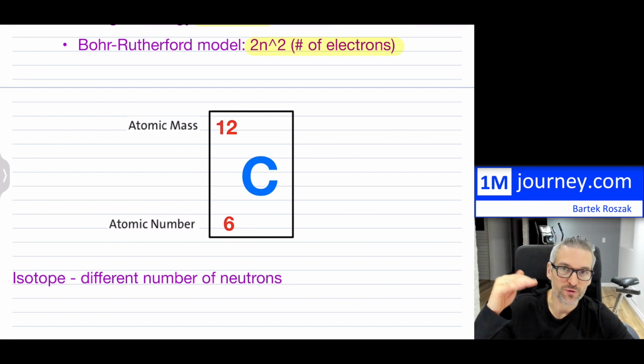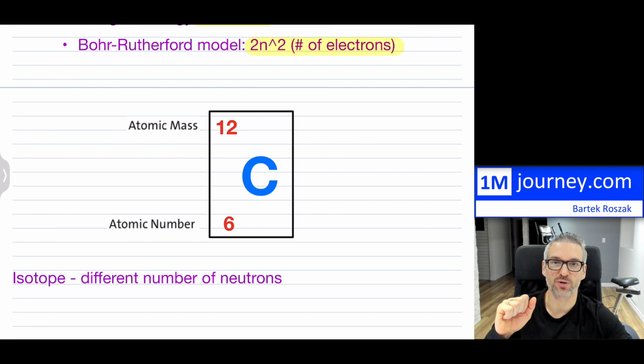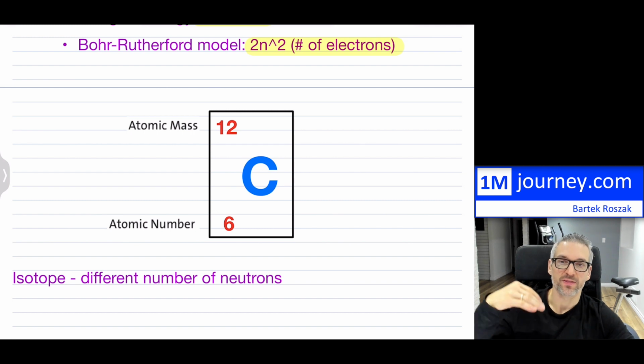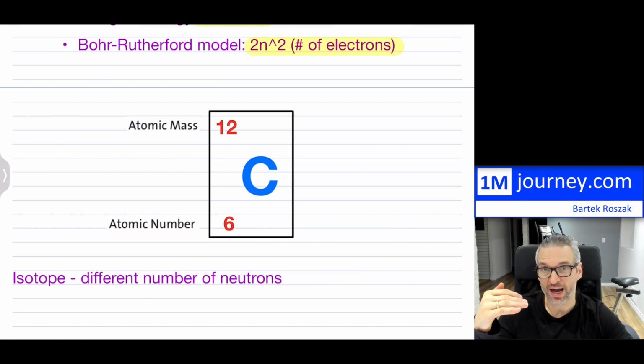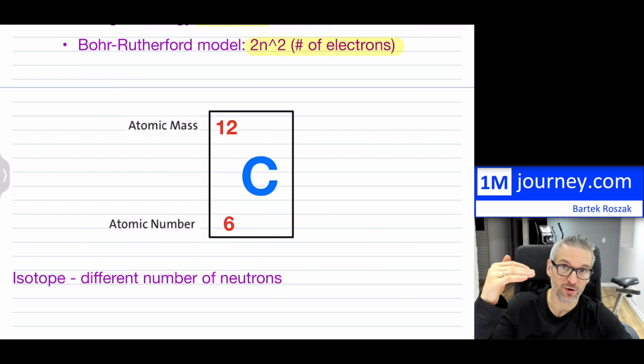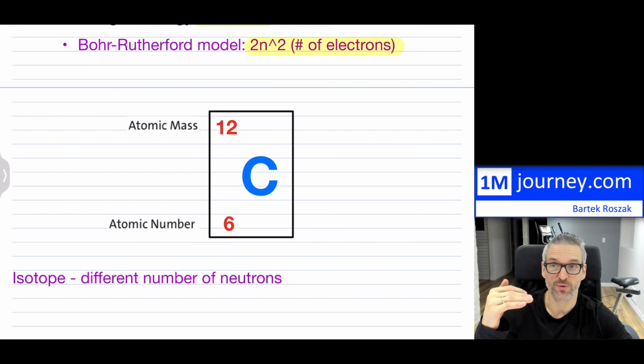Different numbers of neutrons will mean that you have a different isotope. There are ones which dominate nature completely, and then there are ones which have more neutrons or fewer neutrons within. You see that quite a bit happening.